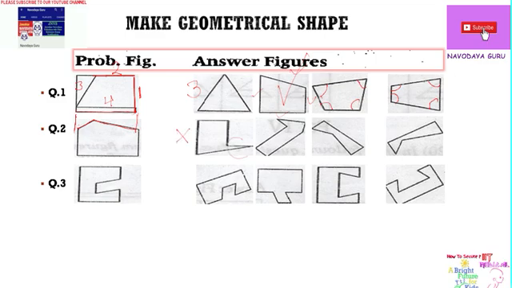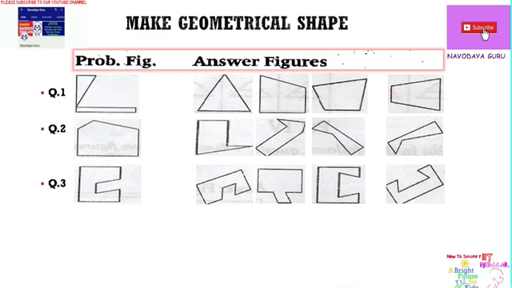In second answer figure, it's also not the answer because the arrow or shape is not matching. In third figure, in answer figure 3 the gap is matching. In option number 4 the gap is not matching. So this is our answer.